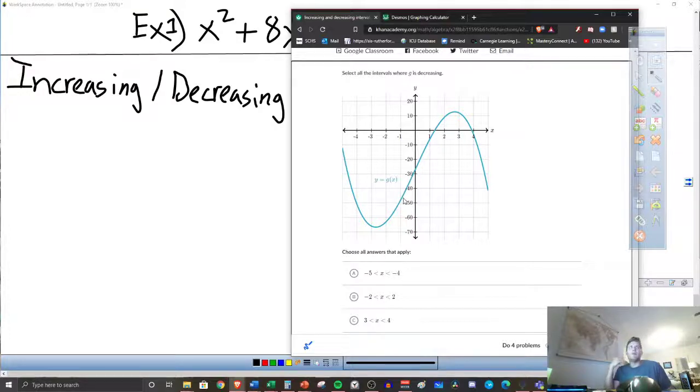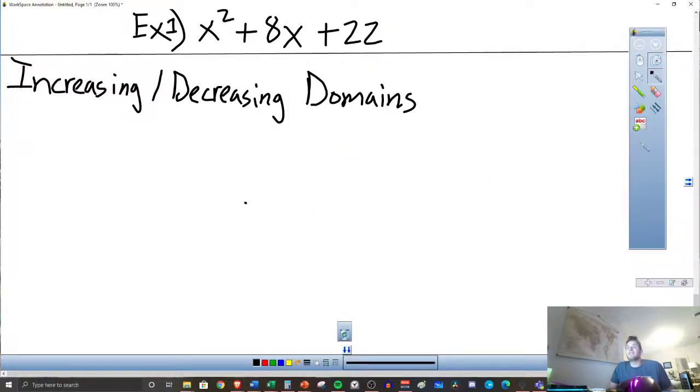So sort of the helpful tip for being successful at deciding on increasing or decreasing domains is thinking about it like you're riding a roller coaster, and you start on the left side over here and you go woo all the way down and then shoot back up. And you know how it goes clink, clink, clink, clink, clink up to the top, and then you whoosh down, right? Okay. And some polynomials you're going up and down and up and down and up and down, right? So those have a lot of intervals of increasing and decreasing.